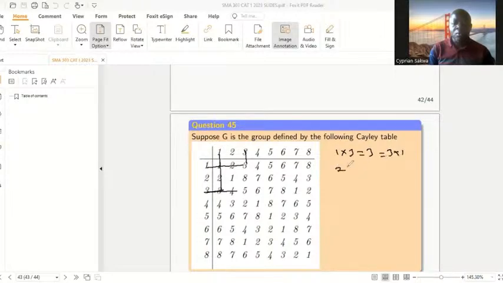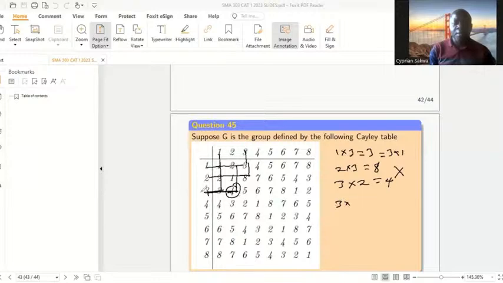What about 2 times 3? 2 times 3 is 8. What about 3 times 2? 3 times 2 is 4. So 2 does not commute with 3.